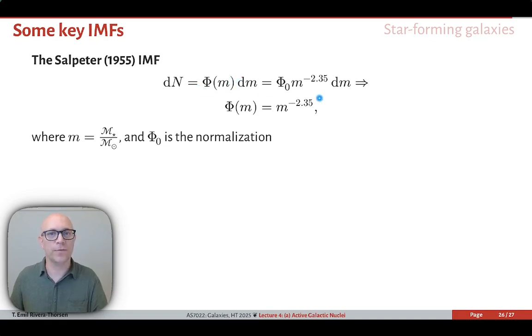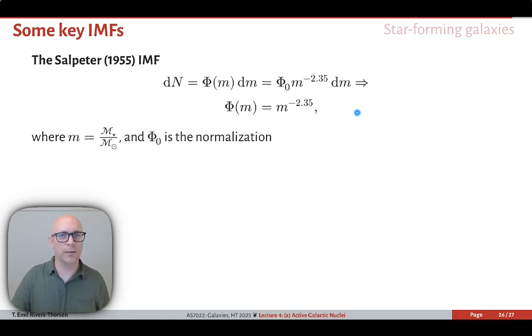And the initial mass function in the Salpeter formulation is simply the mass in each mass bin to the power of minus 2.35 times a normalization number, which we call phi 0. So this is the Salpeter initial mass function, simply m to the minus 2.35.